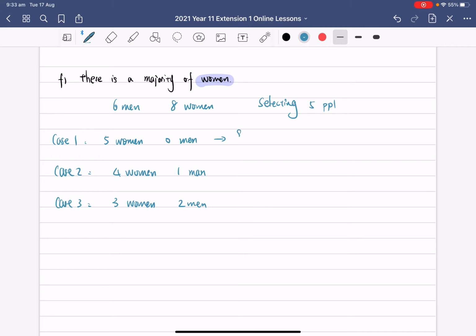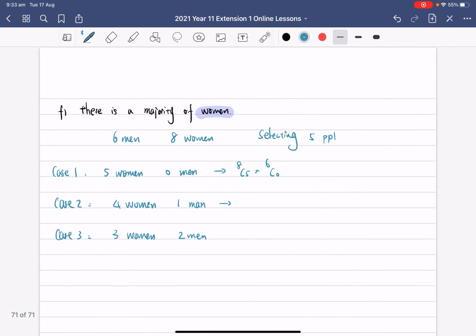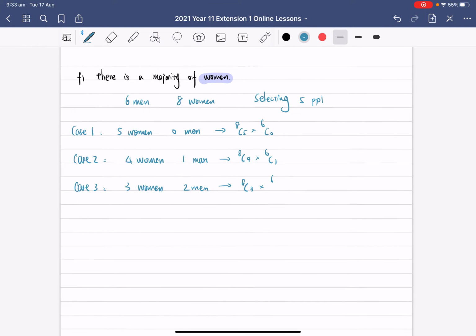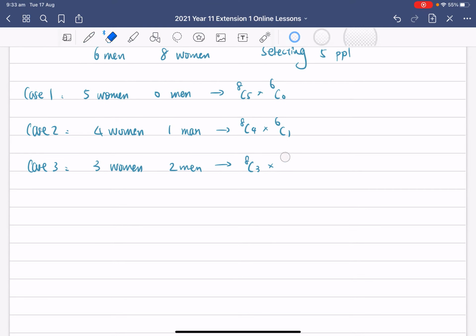That will be 8C5 times 6C0, and 8C4 times 6C1. And the last one is 8C3 times 6C2. Then in total, we are adding these 3 groups together, because we have 3 different cases, and that gives us the final answer.